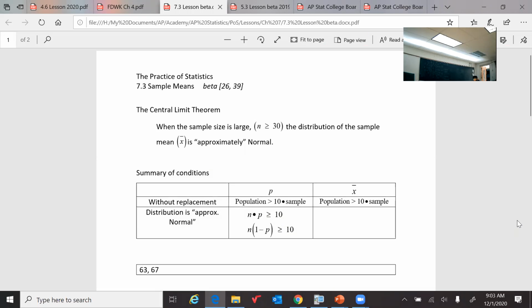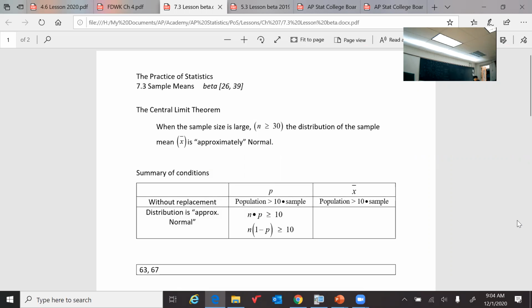When you get to the AP test and you get an inference question, you're going to have to list the conditions. If you draw a blank or you're nervous or whatever, you just literally write this. The sample is less than 10% of the population, because that's going to be the condition for both proportions and means.